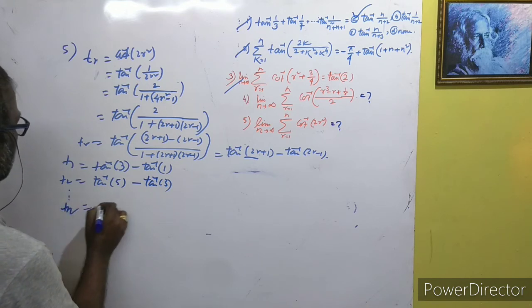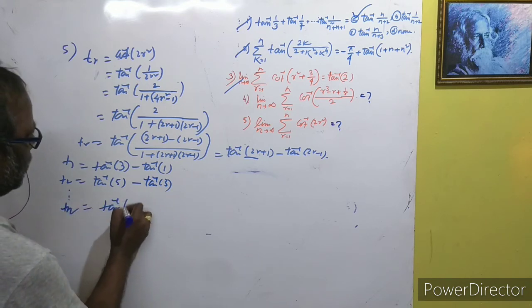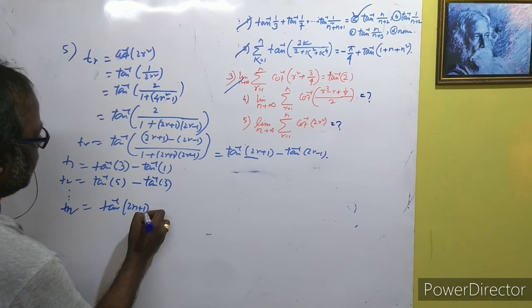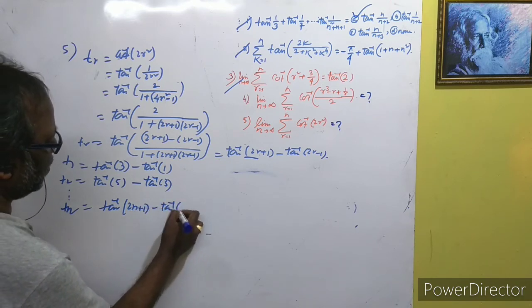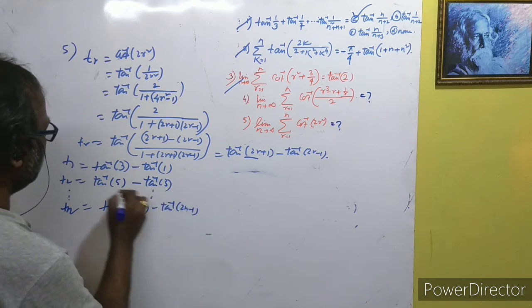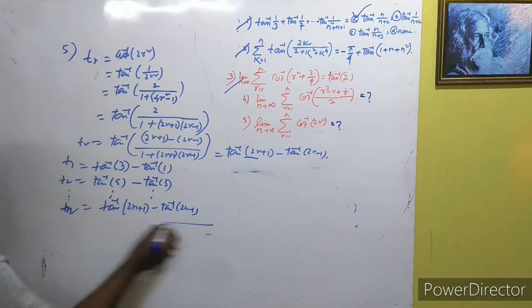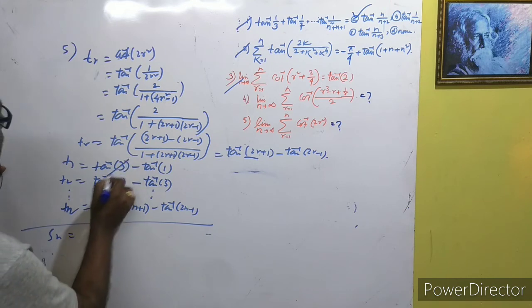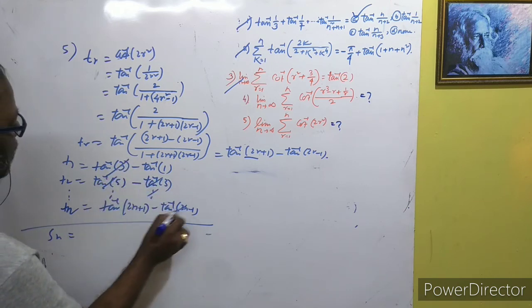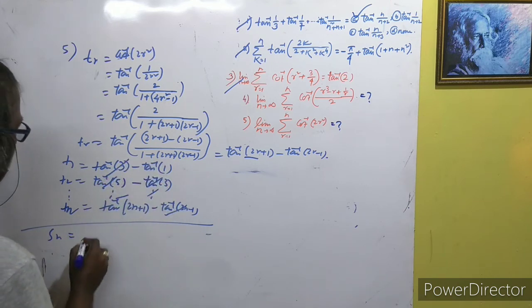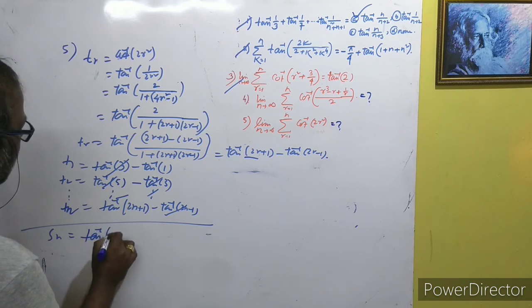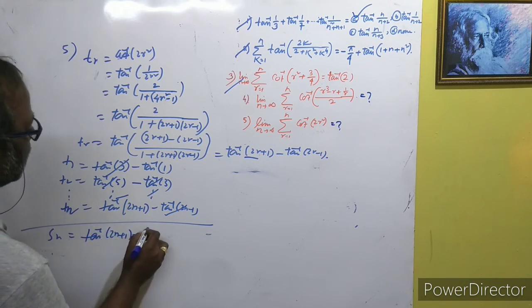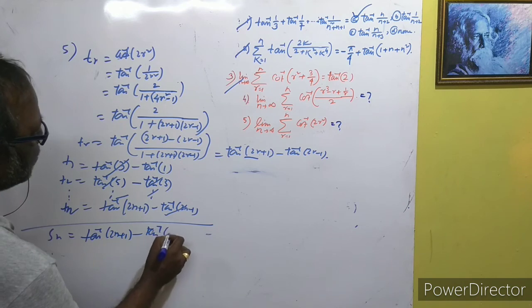This is Tn, so tan inverse (2n plus 1) minus tan inverse (2n minus 1), so this is Sn. After the sum we get these cancelled, so you get tan inverse (2n plus 1) minus tan inverse 1.